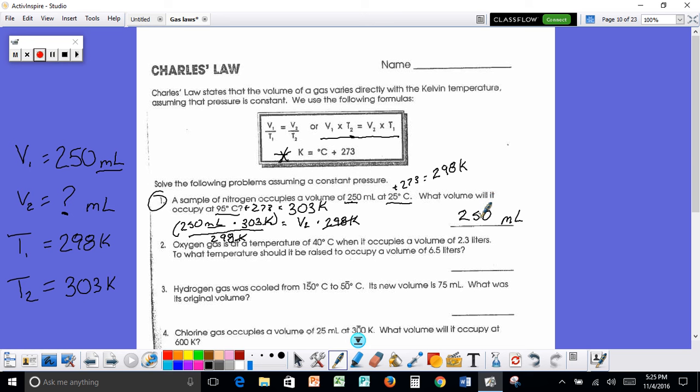Actually, we are going to report it as 254, simply because that's the only way that we're going to see the change. Let me double check my math real quick. Yes, we are going to report it as 254 milliliters in 3 sig figs, because if we don't, we're not going to see a change.